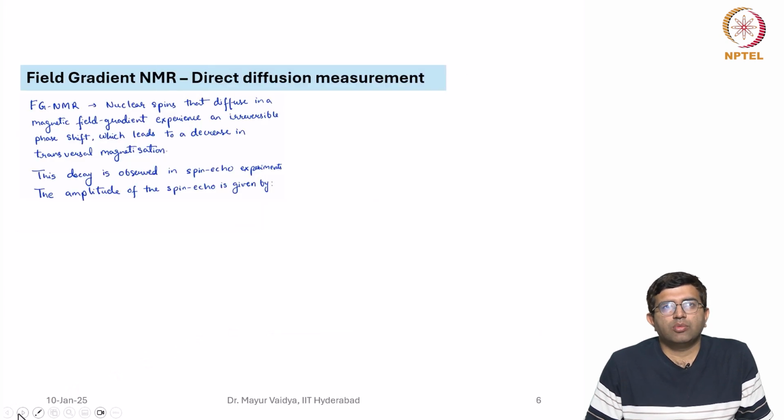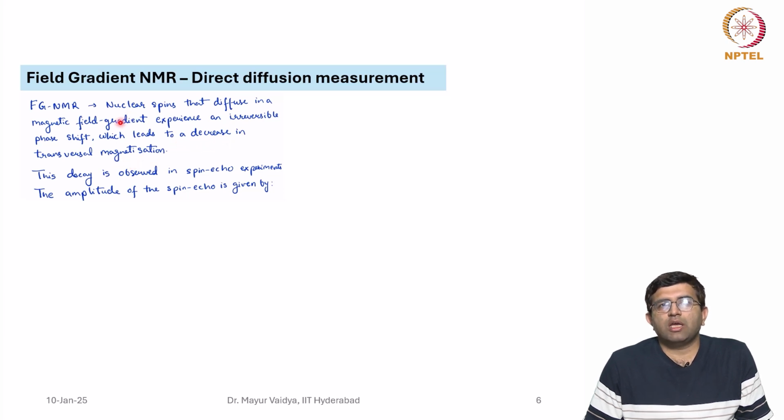Now, we talk about what is known as field gradient NMR, which is basically a direct diffusion measurement technique. What FG NMR utilizes is the fact that nuclear spins that diffuse in a magnetic field gradient experience an irreversible phase shift, which leads to a decrease in transversal magnetization.